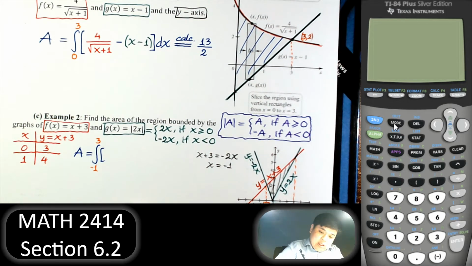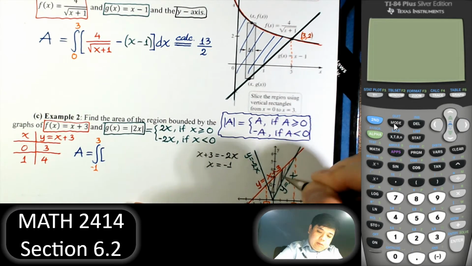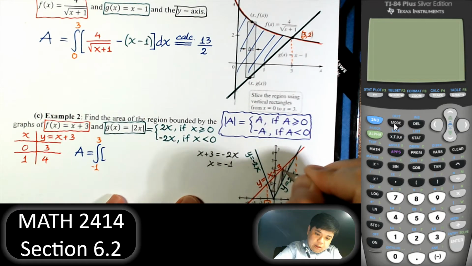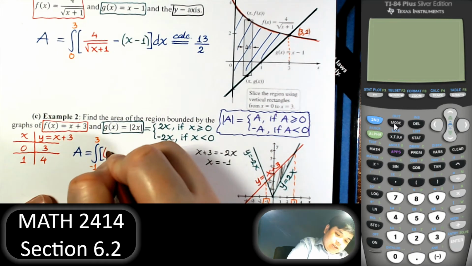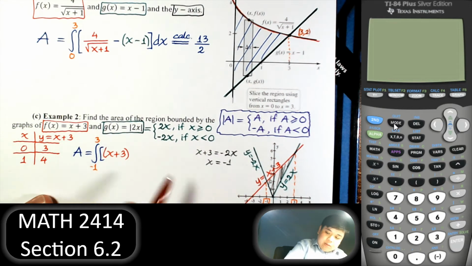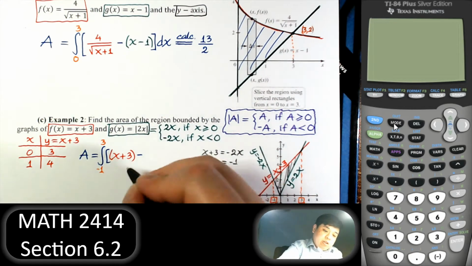So if we look along the y-axis, we will see the x plus 3 on the top and the absolute value at the bottom. So the upper function is x plus 3, and the lower function is just the absolute value of 2x.